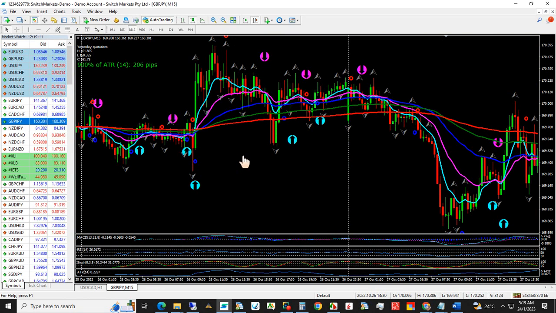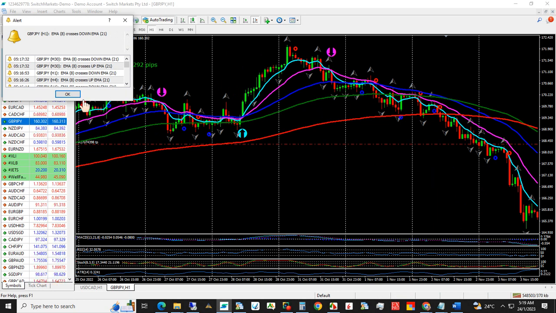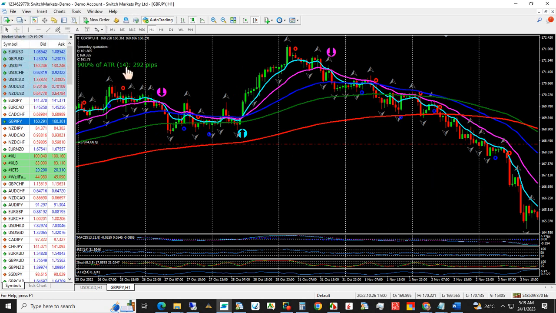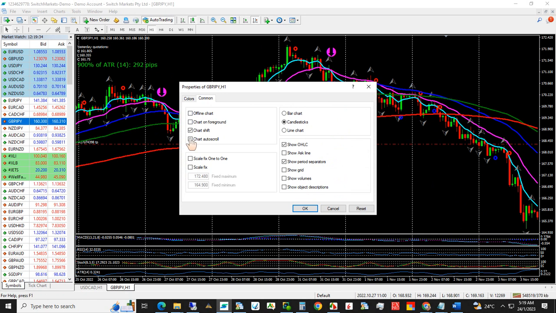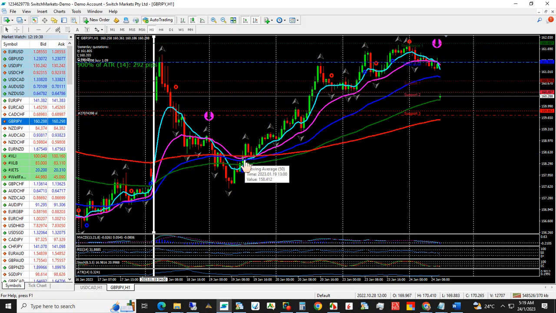But if you want to take it as a micro-trend trade, that is fine, because your stop loss would have been different from if you wait on the short term to take it, where your stop loss is 292 pips instead. Okay, I want to put back this to auto scroll, so it moves the chart back.